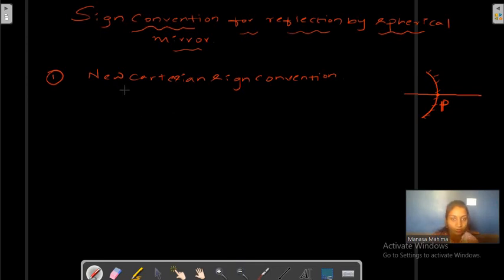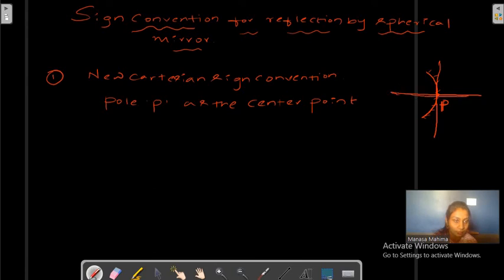In this, what we have to do is take the pole P as the center point of this Cartesian sign convention. We have to imagine an imaginary axis passing through the pole, as well as a horizontal line passing through the pole.